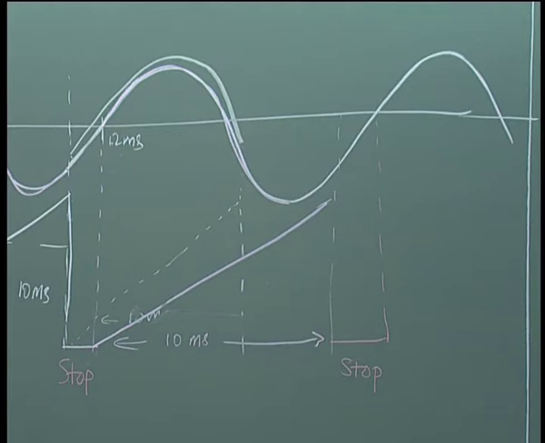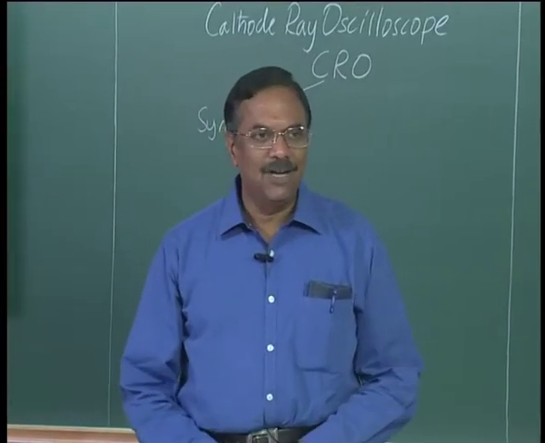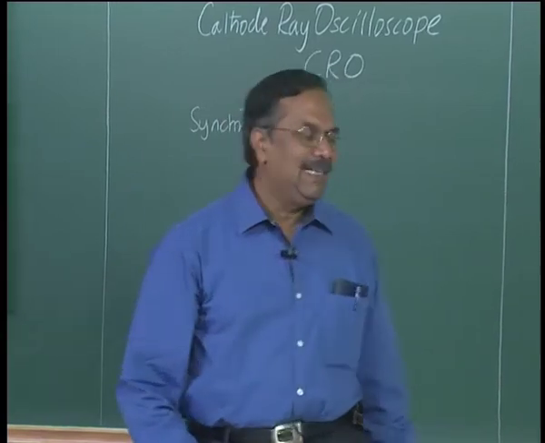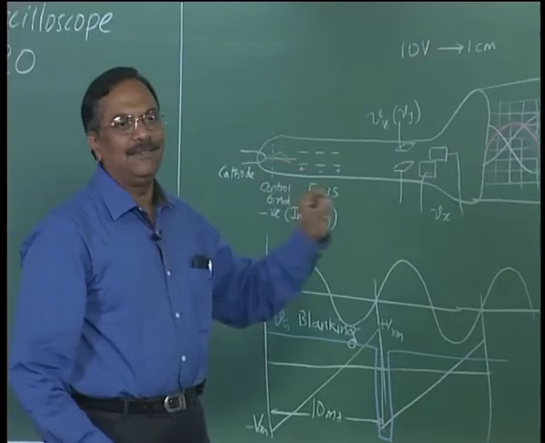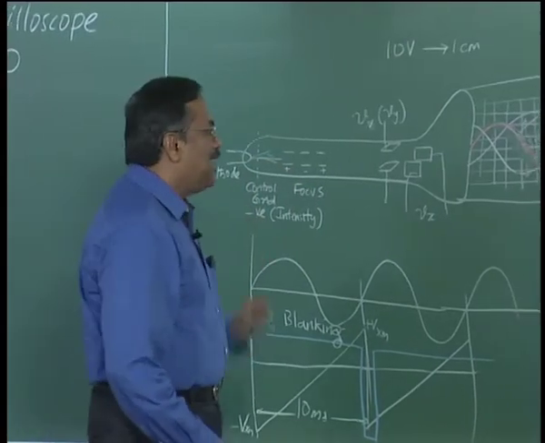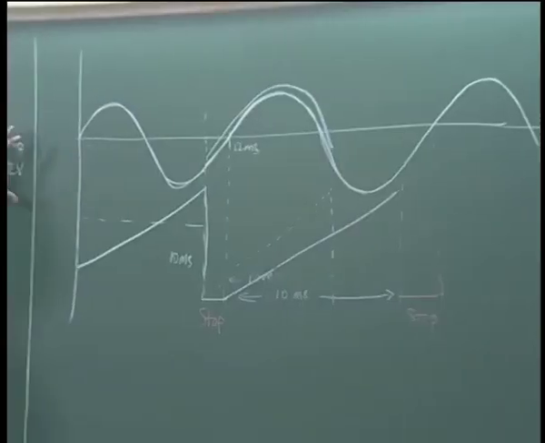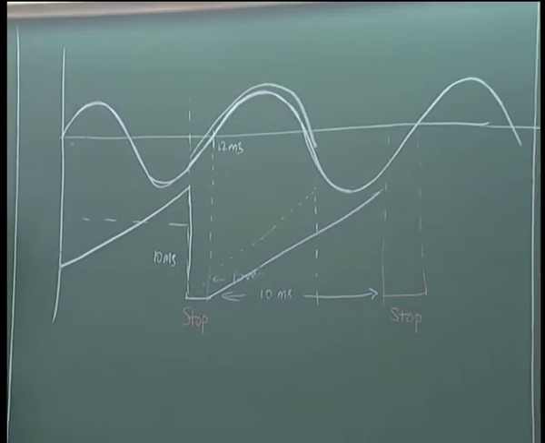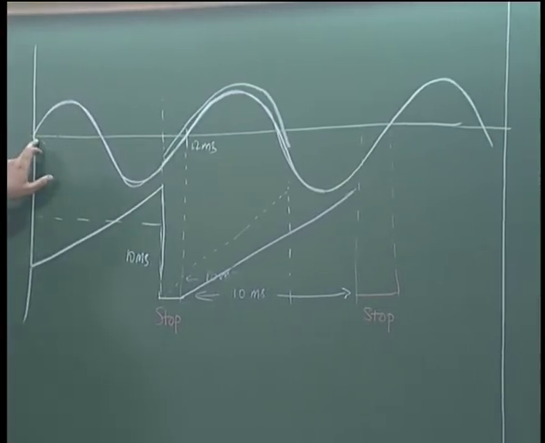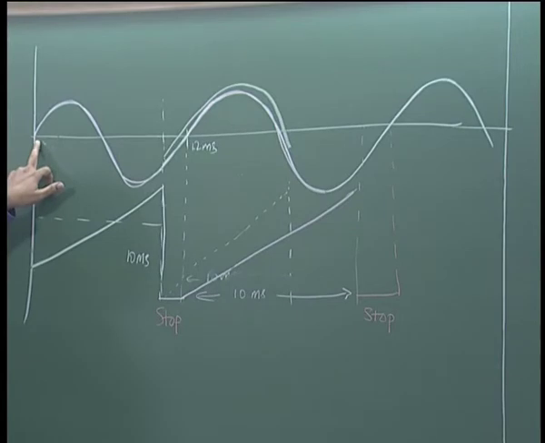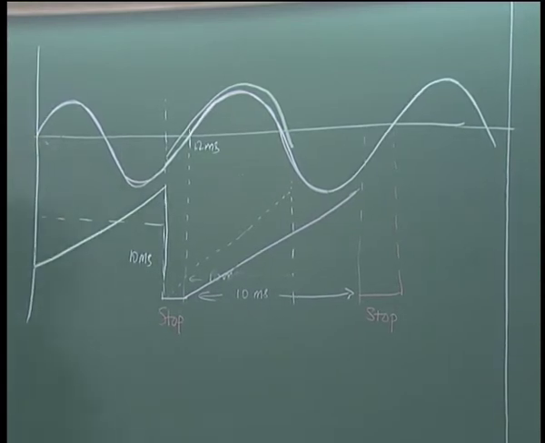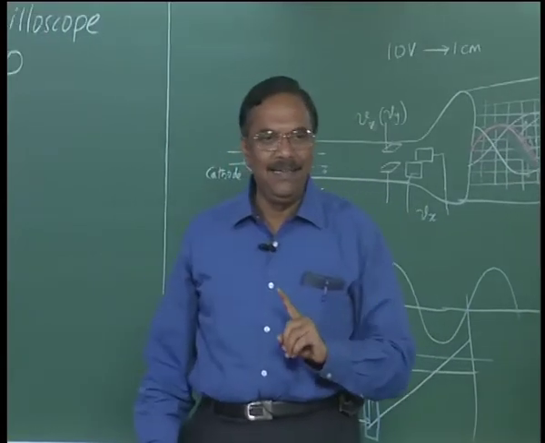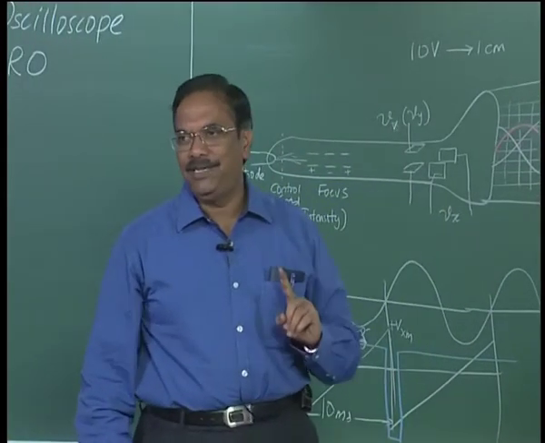The sawtooth generator becomes a start stop oscillator, it is not a continuous oscillator, and the start signal has to be given for every cycle, right, and the start signal should come from my input signal, and if I want to start at the same point on my input signal, I need two parameters that would uniquely define the point, right.